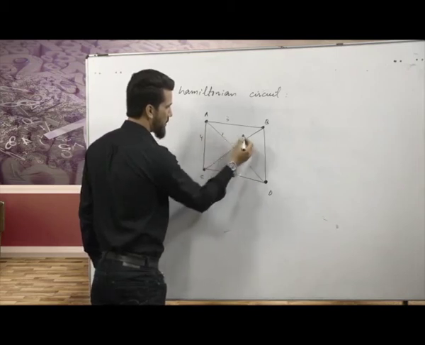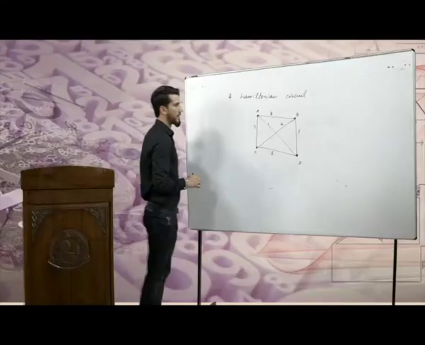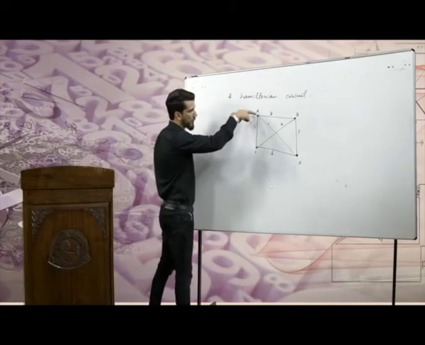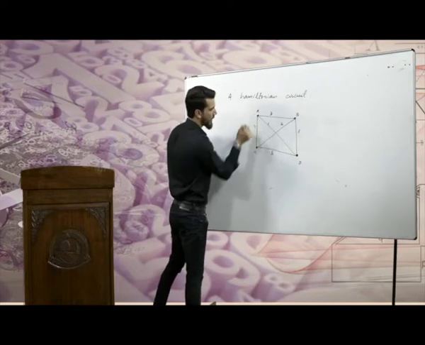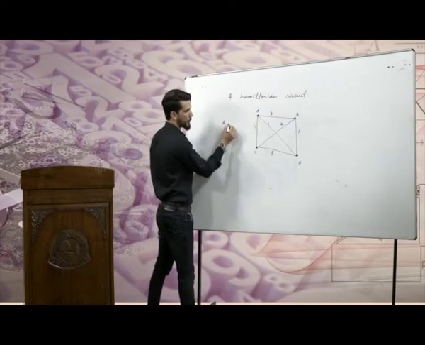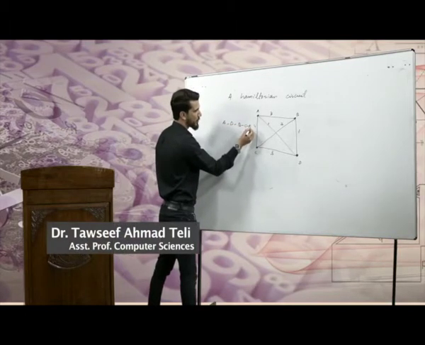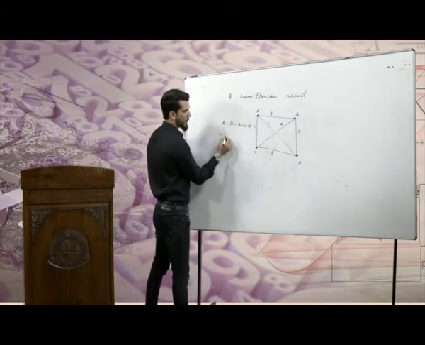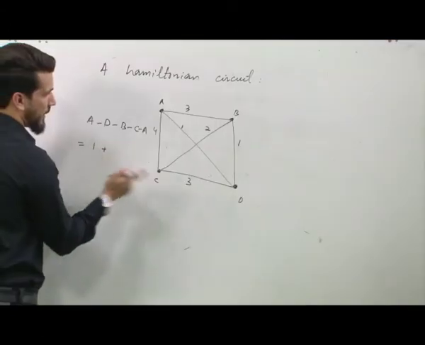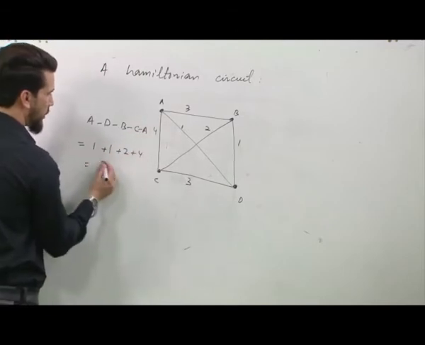This is 1, 2, and 1. The Hamiltonian circuit we draw right now goes from A to D, D to B, B to C, and C to A. The cost of this is A to D is 1 plus 1 plus 2 plus 4, which is equal to 8.